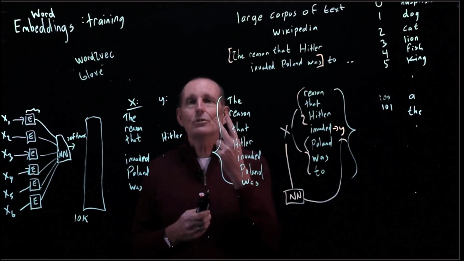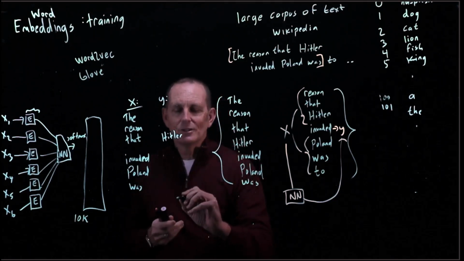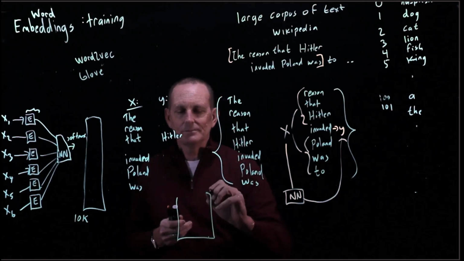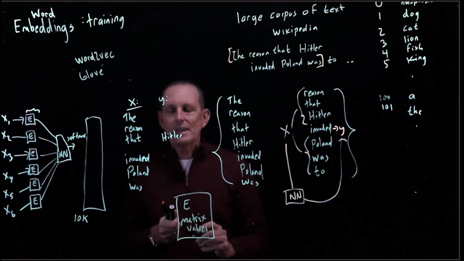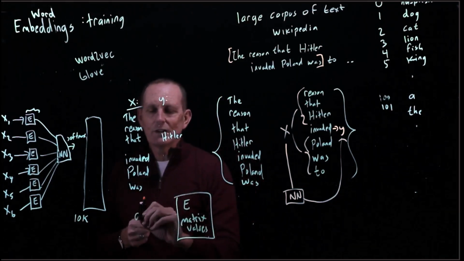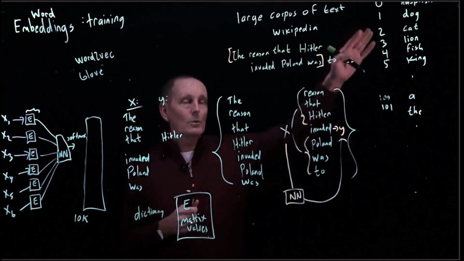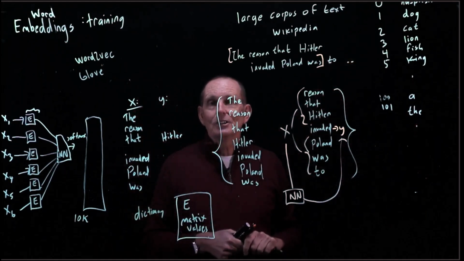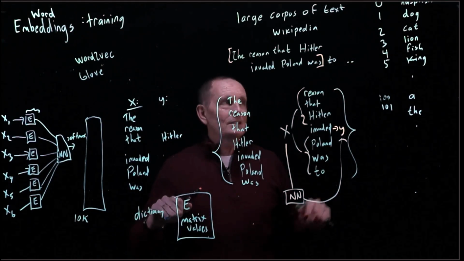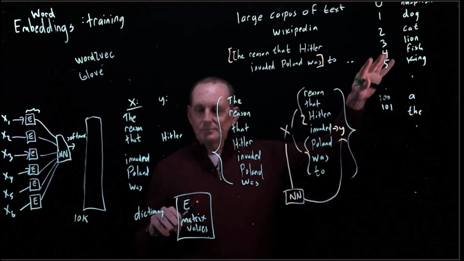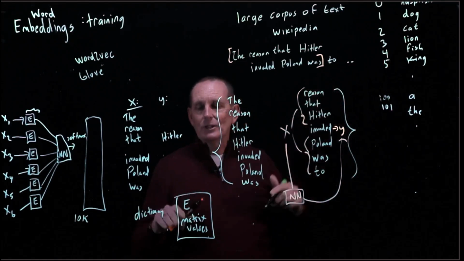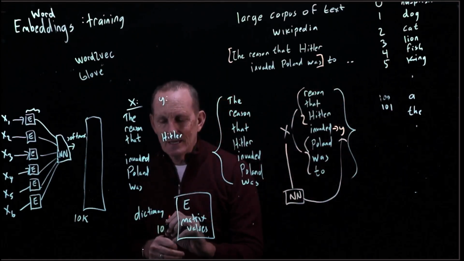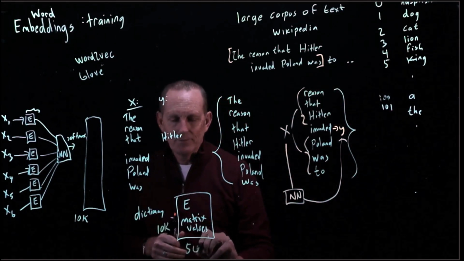They provide you 2 things. They provide you the embedding matrix, and then they also provide you the dictionary. That is, what were the words, and crucially, what are their indexes? You need to know, because an embedding matrix is going to be, let's say, 10K by 50.